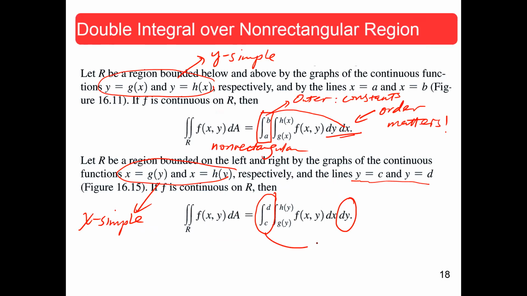So c and d match in the dy, and dx would be inside. Again, order matters, but it's not hard for you to determine how to put the order. The general principle will just be constants must be in the outer layer.